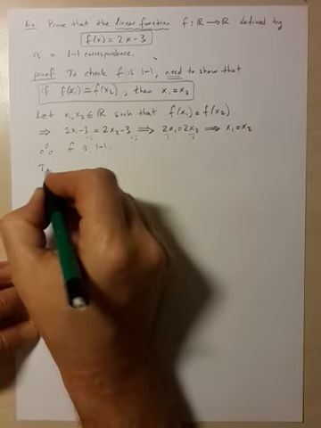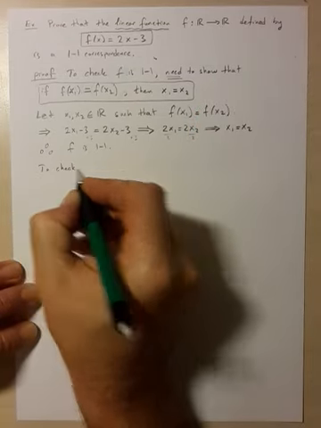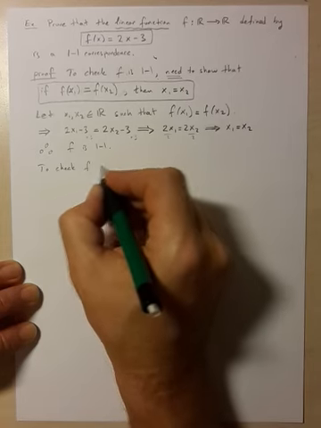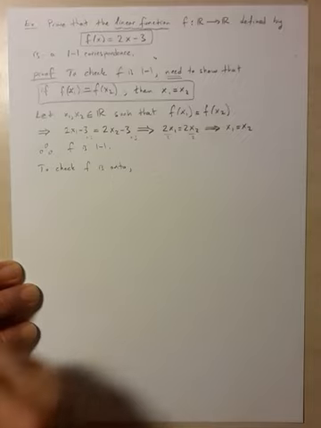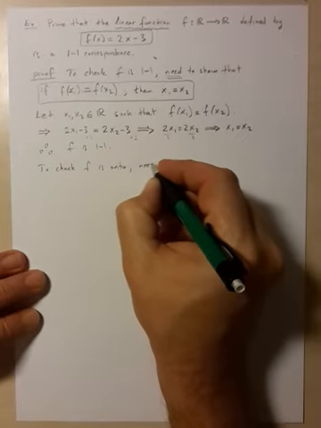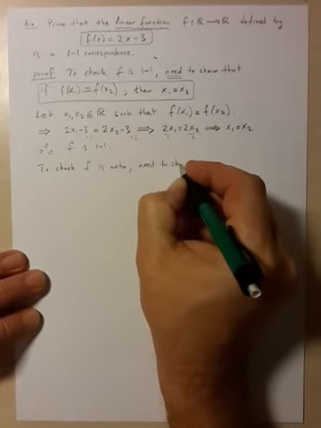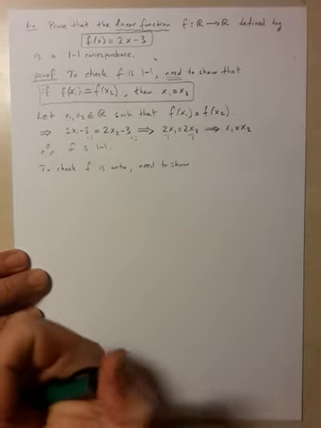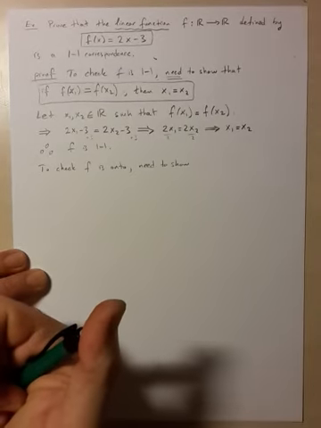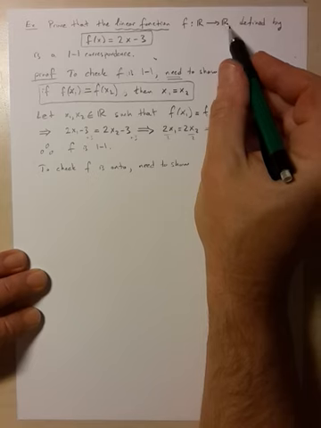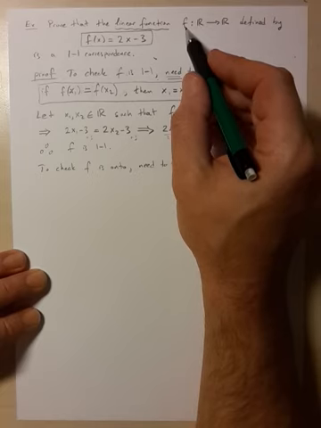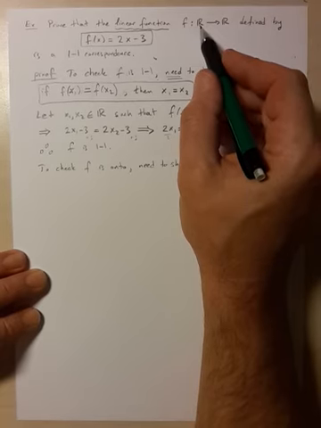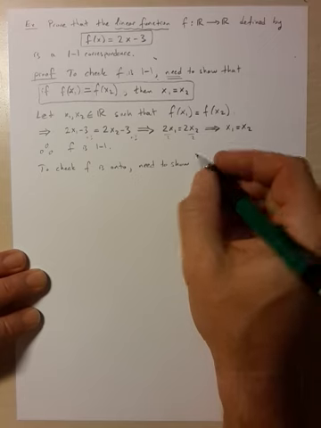So to check f is onto, we need to show that any real number taken from the codomain is the image of some real number taken from the domain R under f. This is what we need to show.